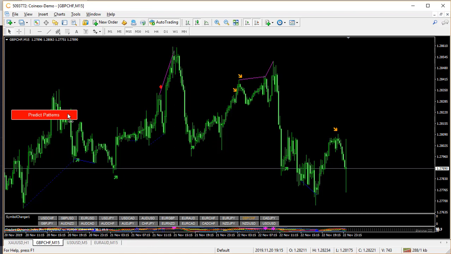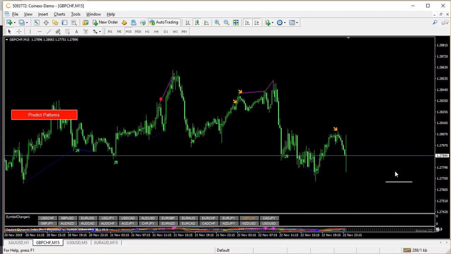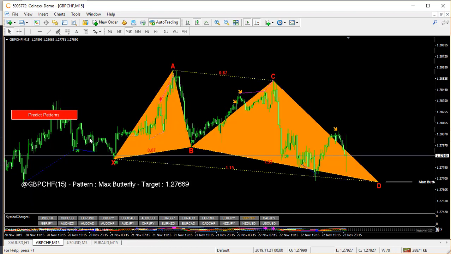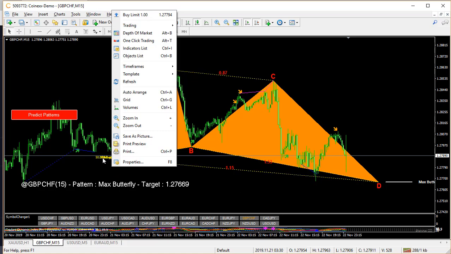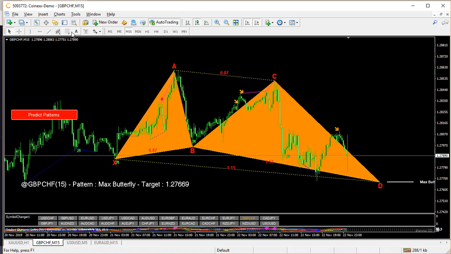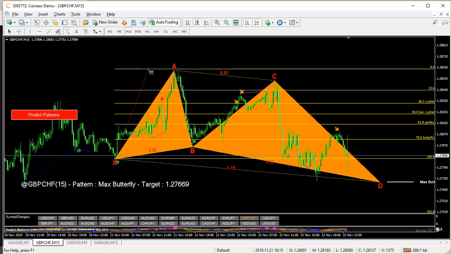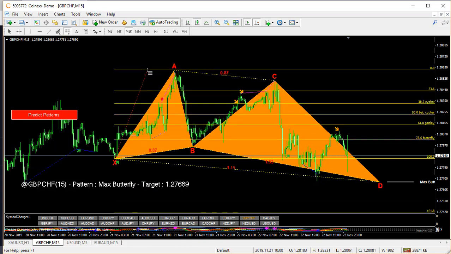GBP chef. Here's a potential butterfly. So the way that I know that it's a butterfly is by that B point, and it's basically a butterfly will have a deeper retracement on that B point, which is the 78.6.